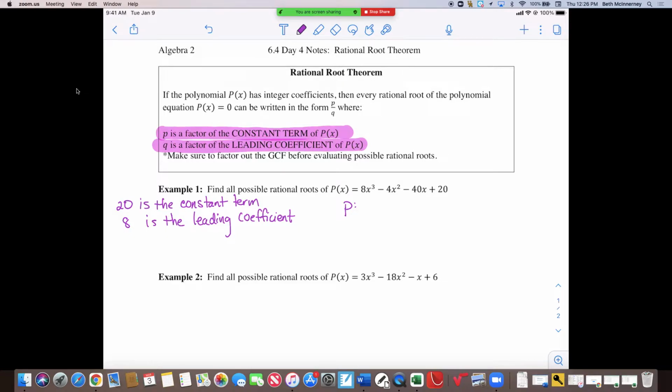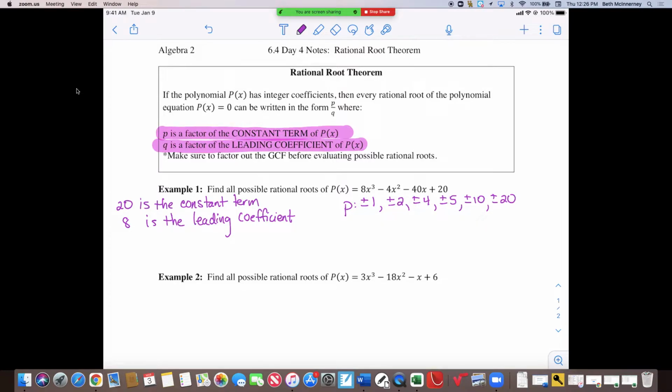I could have 4 times 5 and negative 4 times negative 5. So watch how I'm going to write the possible factors. I'm going to do plus or minus 1, plus or minus 2, plus or minus 4, plus or minus 5, plus or minus 10, and plus or minus 20.